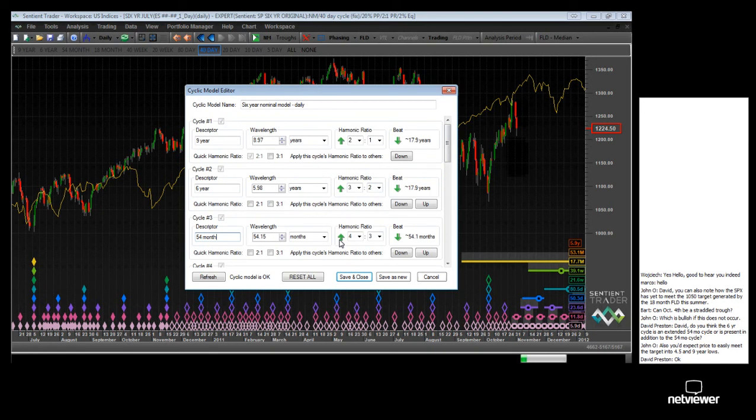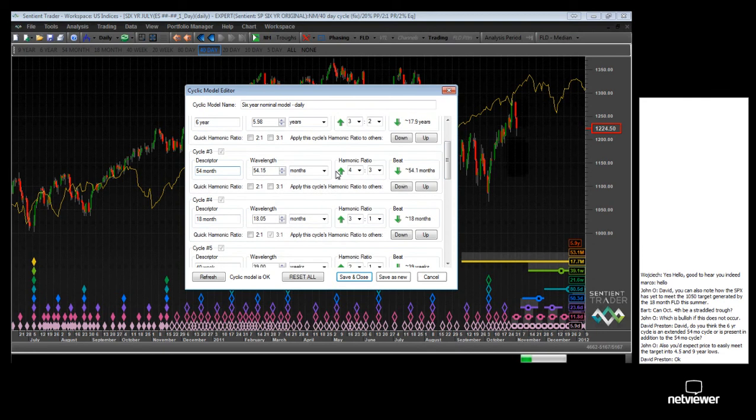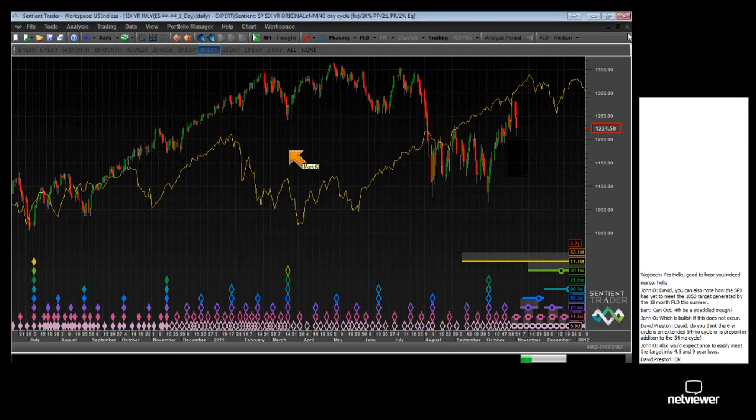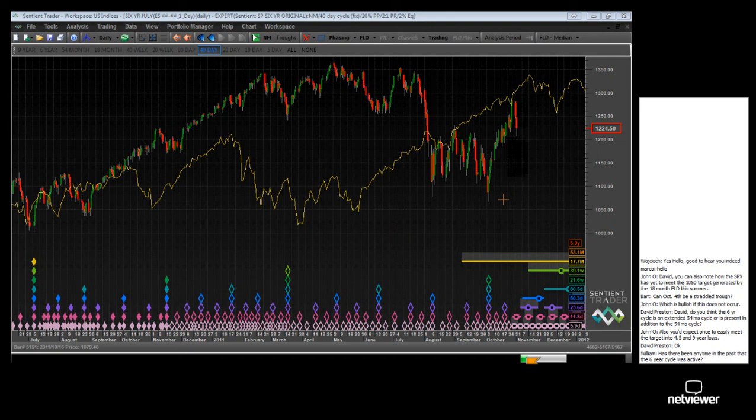You'll see my longest cycle is 9 years, then I've got 6 years, then 54 months, and the harmonic ratio between 9 years and 6 years is 3 to 2. The harmonic ratio between 54 months and 6 years is 4 to 3. So there are two interesting harmonic ratios in there. The rest of the harmonic ratios between the cycles are all the same as the default cycle.